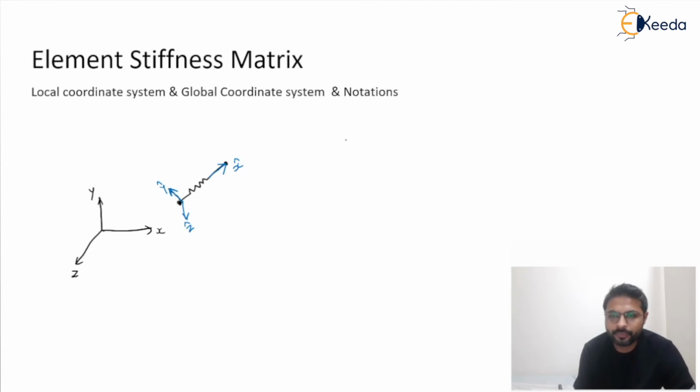So the blue color indicates the local coordinate system, which is having three coordinates x naught, y naught, and z naught.